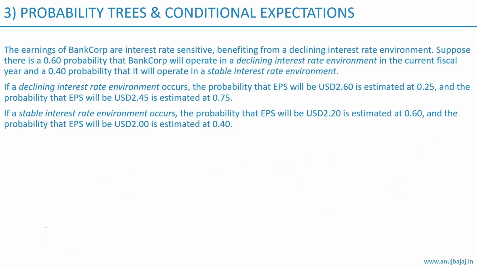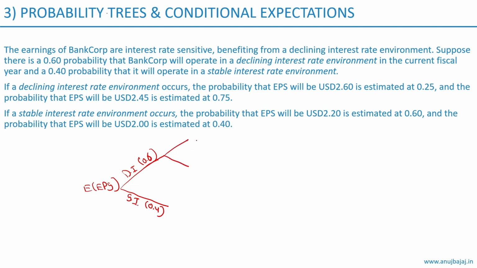There is also another way in which you can calculate the unconditional expected value. So this is the unconditional expected value, that is the expected value of earnings per share. So there are two possible scenarios. The first is that we could operate in a declining interest rate environment and it has a probability of 60%. Or we could also operate in a stable interest rate environment and it has a probability of 40%. So if we are operating in a declining interest rate environment, there could be two possible outcomes.